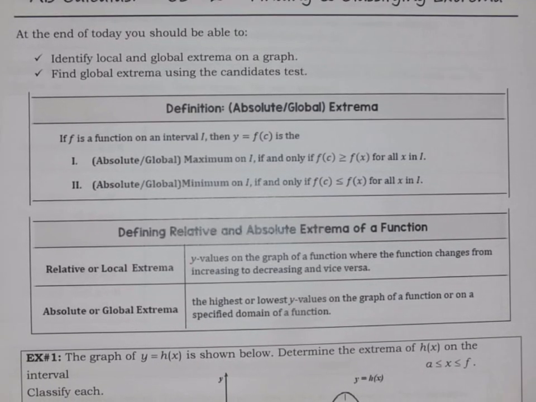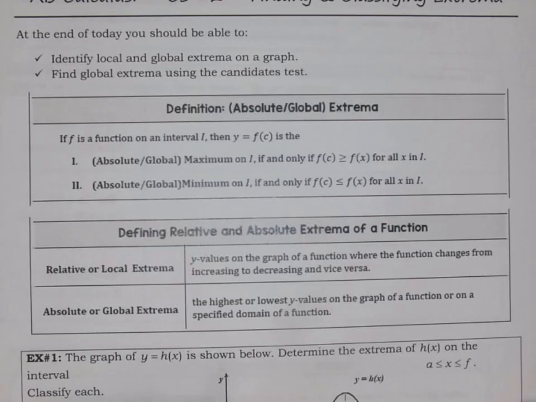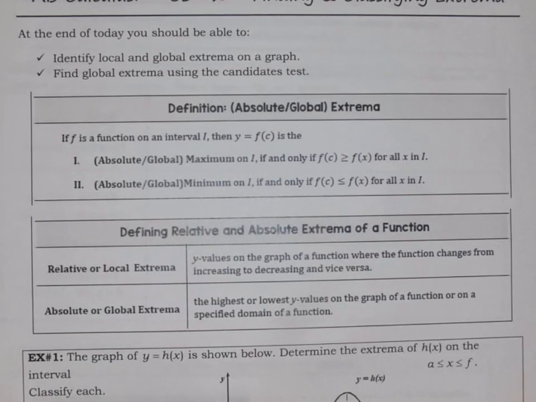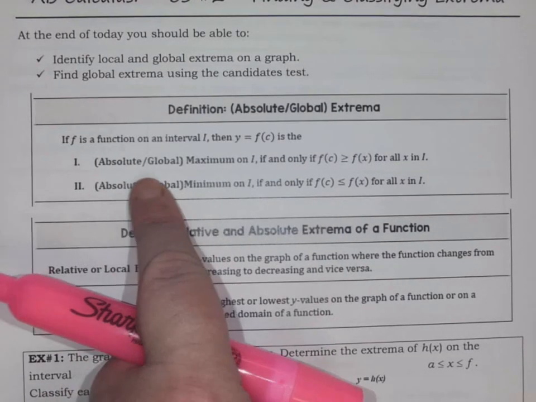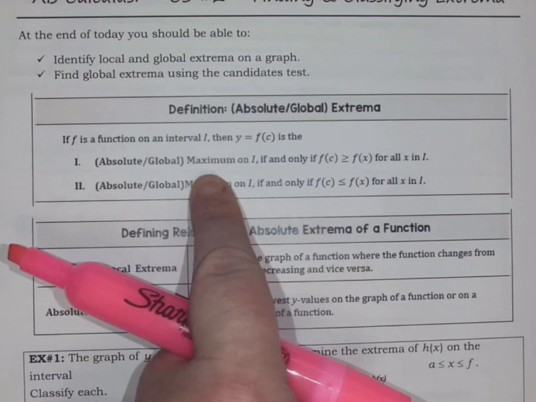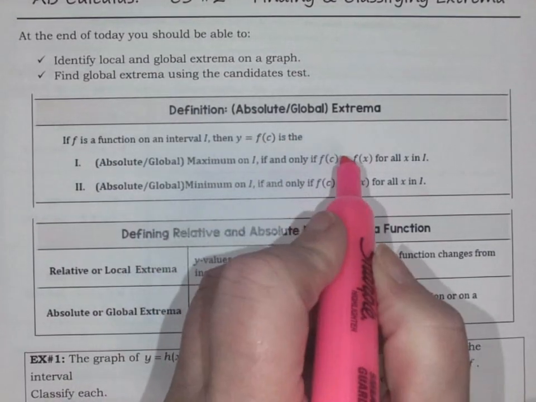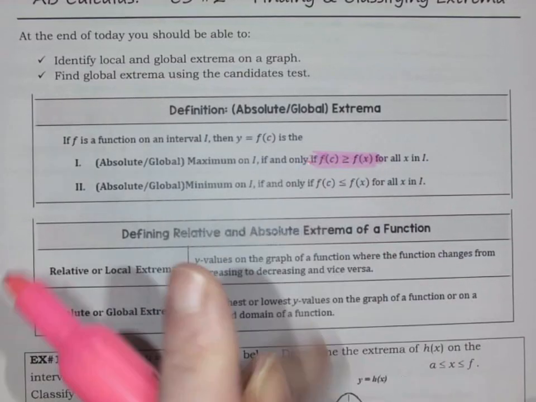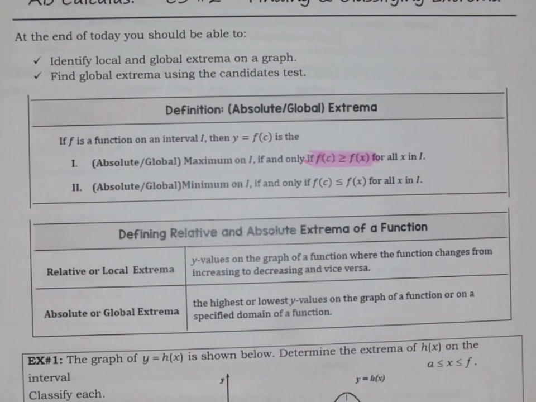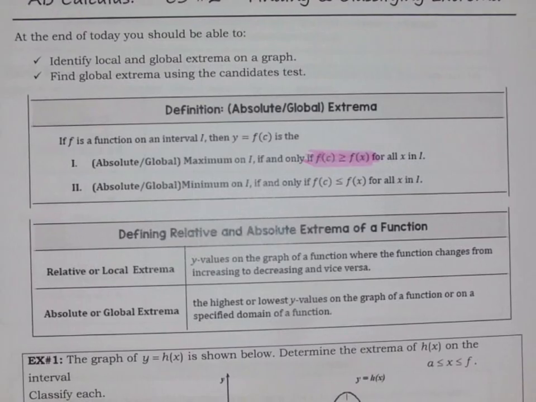So the first thing I need you to know is the way that sometimes the AP talks about maxes and mins. So if you have an absolute or global maximum, either one of those words work, then what you're saying is that f of c is greater than or equal to f of x for all x in the interval.